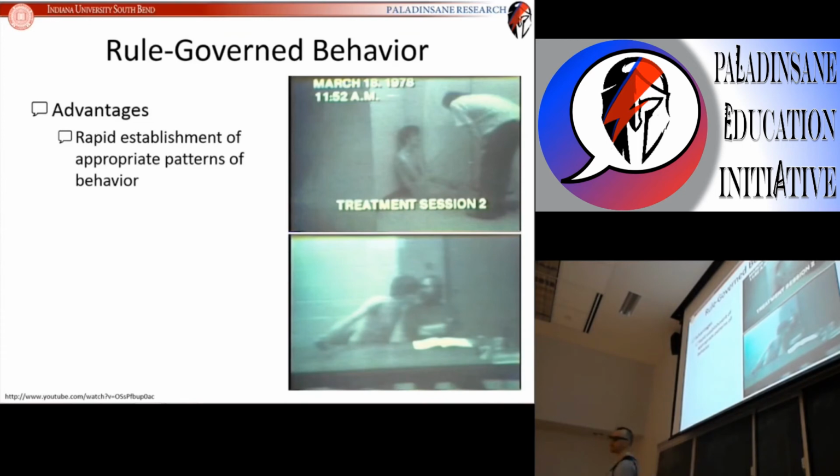So for example, if Dr. Fox did not tell Harry anything, if Dr. Fox was in there and just told Harry, I want you to do this task, but did not explain the consequences to Harry whatsoever, if he did not give Harry the rule that Harry was operating under, Harry eventually would have stopped self-abusing.